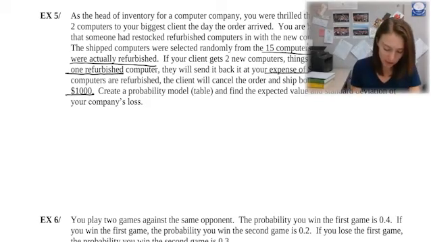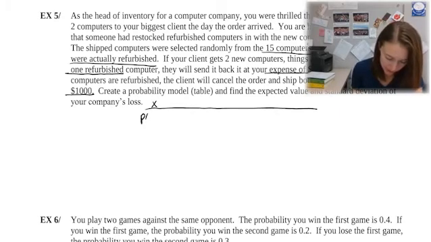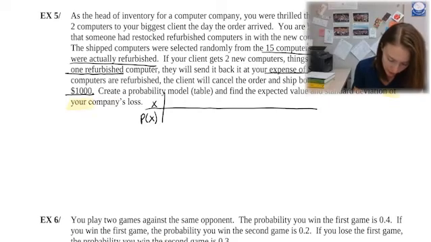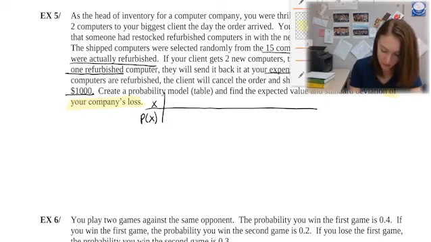So first, we need our X values and our probability of those X things happening. If I'm finding the expected value of the loss, of your company's loss, that is what X is going to represent.